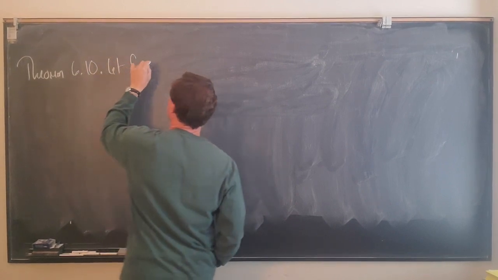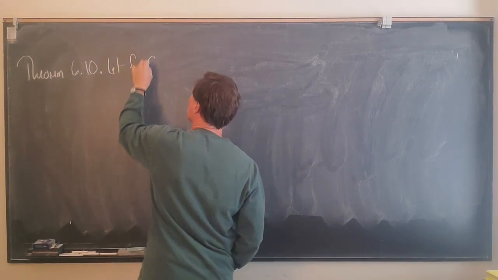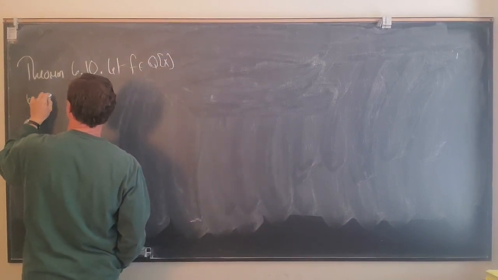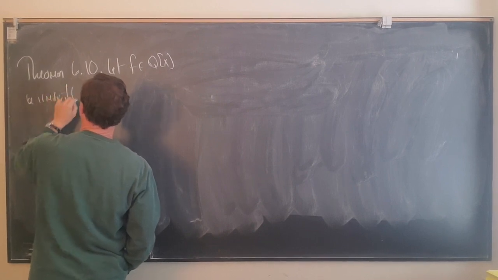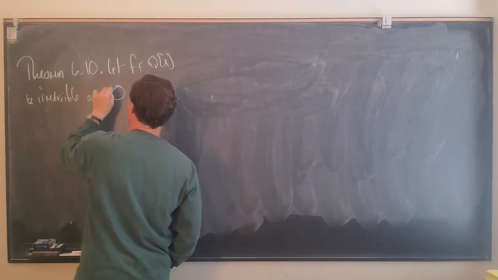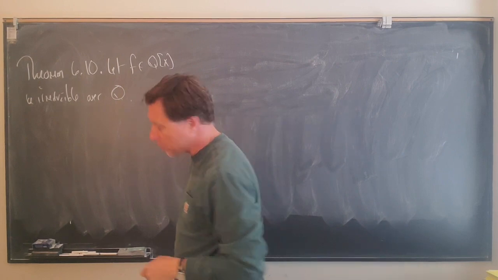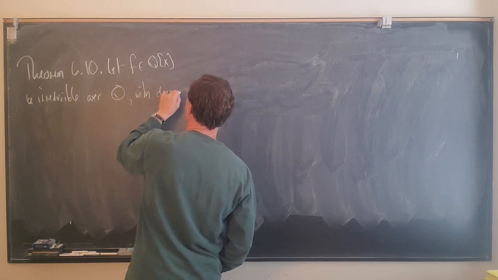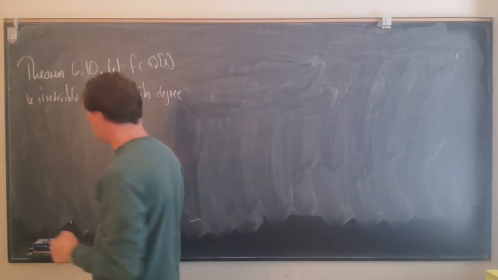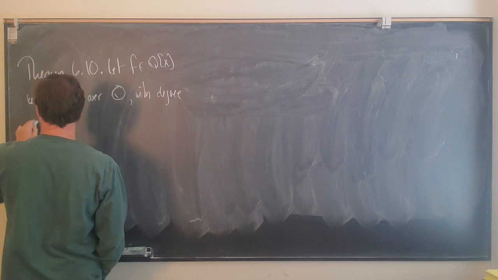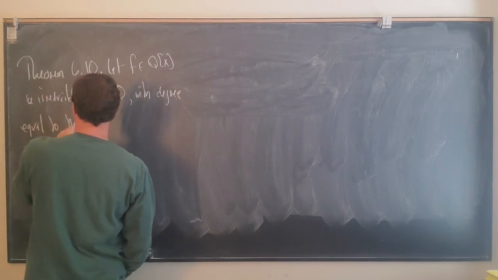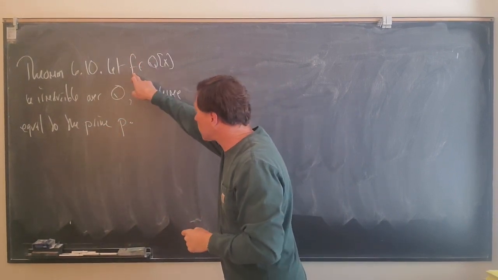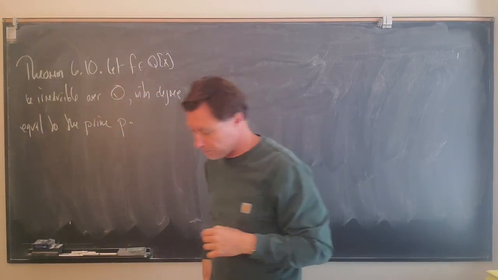Let f in Q[x] be irreducible over Q with degree equal to the prime p, right? So we have an irreducible polynomial with degree p where p is prime.